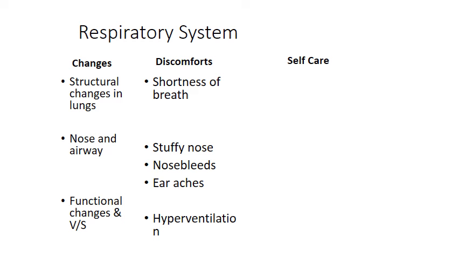PaCO2 decreases from 40 millimeters to 27 to 32, allowing for transfer of CO2 from fetus to mom. And you have an increase in maternal excretion of bicarb, an increase in maternal pH, and increased risk of hyperventilation, and that's caused by progesterone.